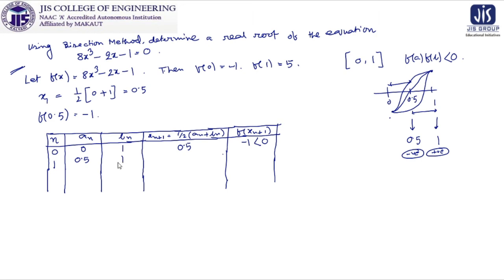So 0.5 plus 1 by 2 is 0.75, and putting this 0.75 over there, we get 0.875, which is positive.